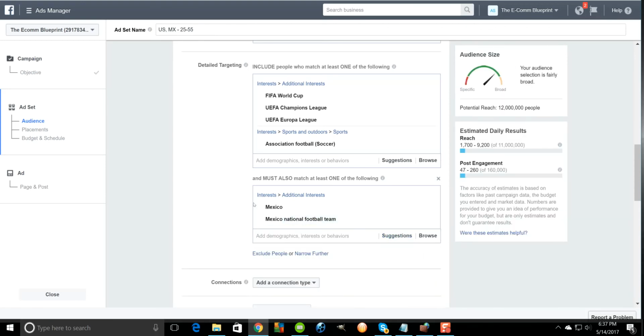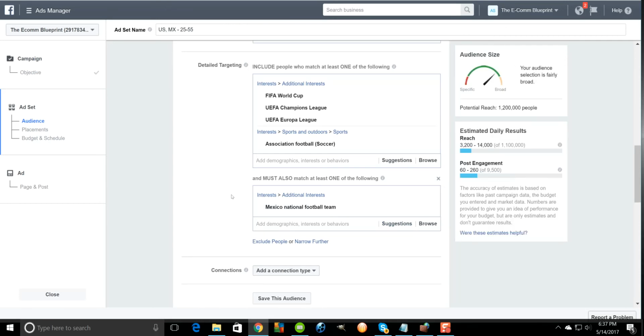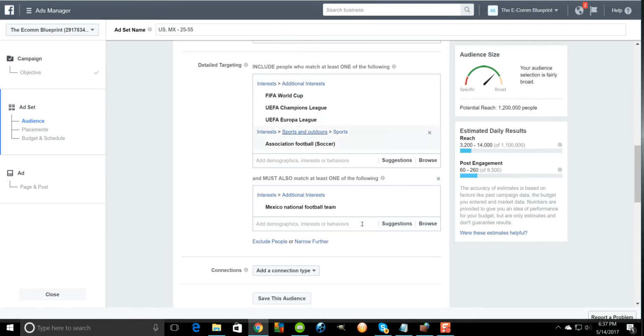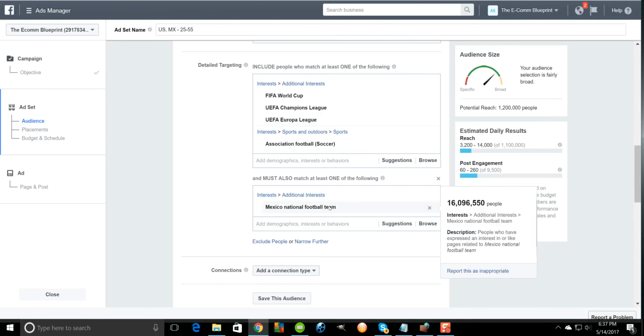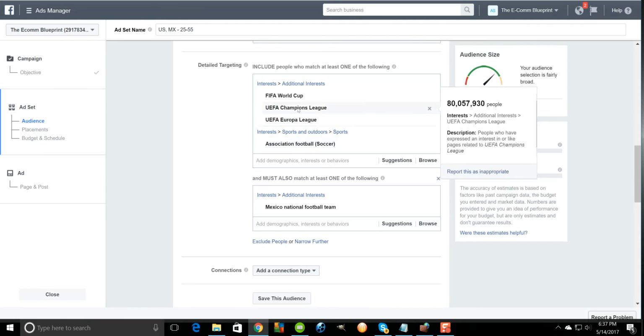So if you really wanted to, you could get rid of Mexico altogether here, okay? So now someone would have to be interested in either one of these things up here, and they'll have to be interested in Mexican soccer. So you notice how it went down to 1.2 million people, okay? That means somebody will have to be interested in Mexican soccer and one of these bigger interest areas here.